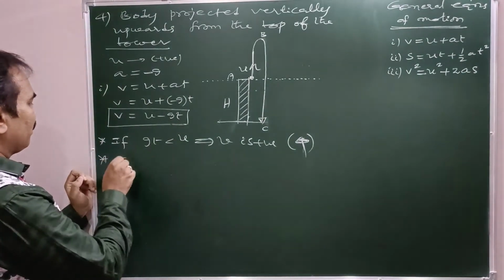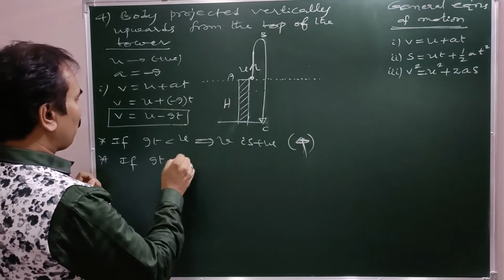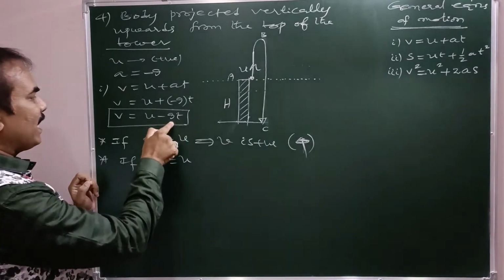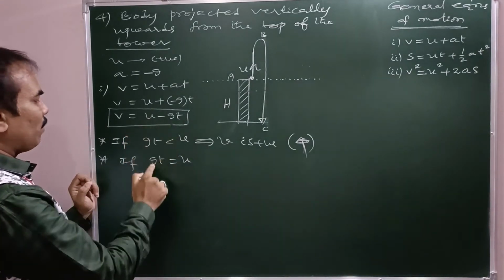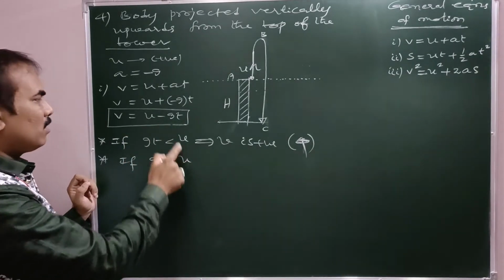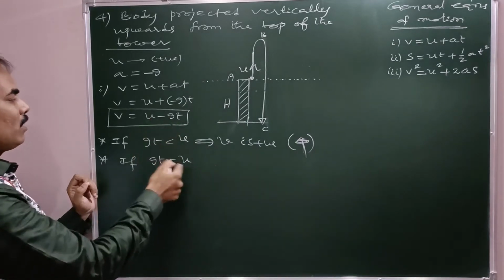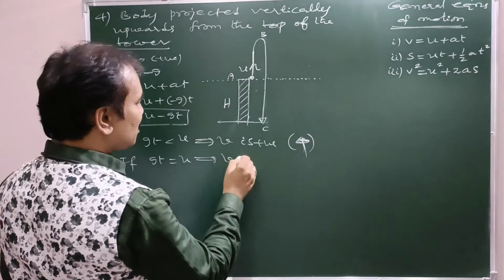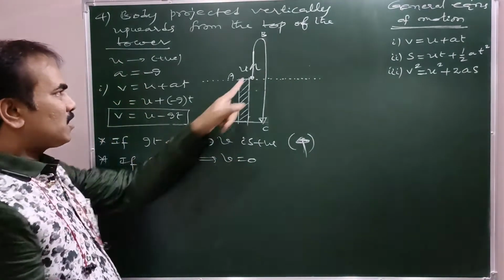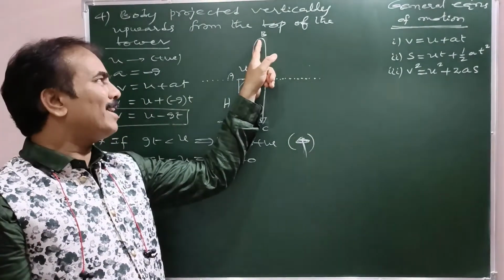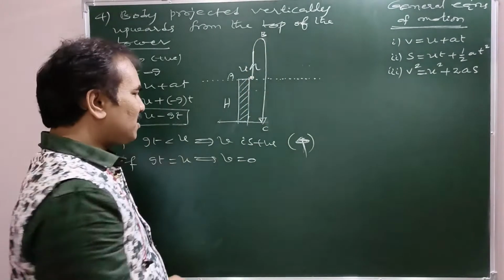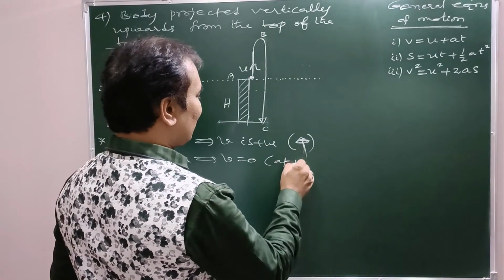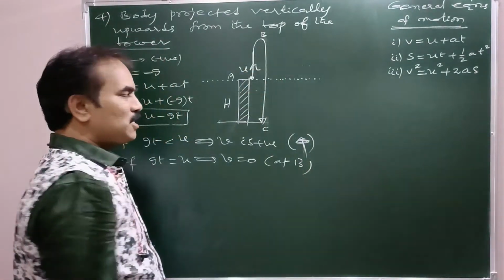Now, if gt becomes equal to u, see gt is negative, this is positive, but both are of the same magnitude, so they cancel with each other. V becomes 0. So instantaneous velocity V is 0. V 0 means the body reaches the highest point. The body is at B, the highest point. Am I right?